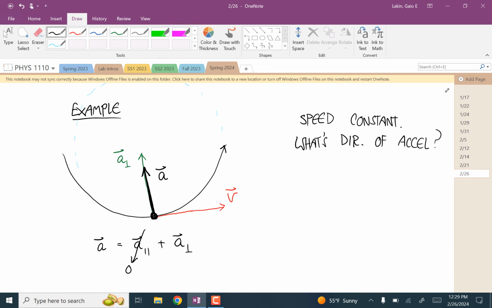So if you're in a car in a parking lot, driving in a fast circle around a big parking lot, the acceleration that you're going through as you go through that turn is toward the center of this circular path. Okay. Any questions about that?